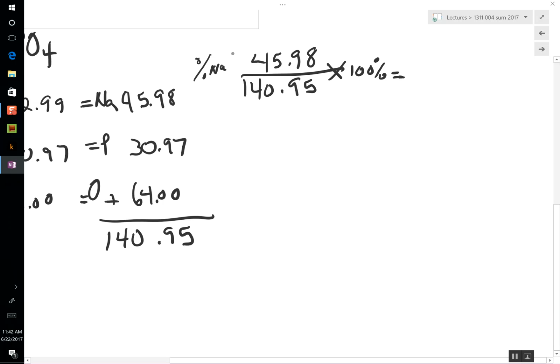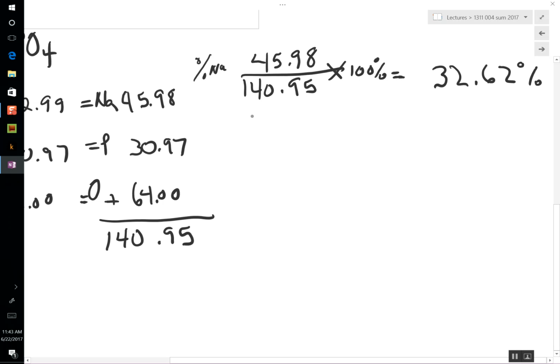What is a percent? What part of the whole is it? The sodium represents 45.98 grams of that 140.95 grams. So I get something like 32.62%.